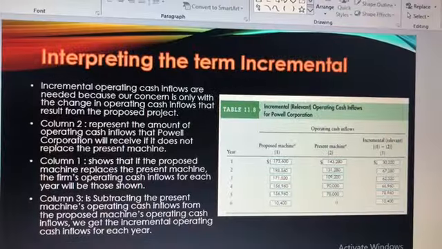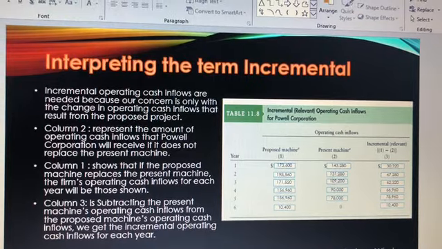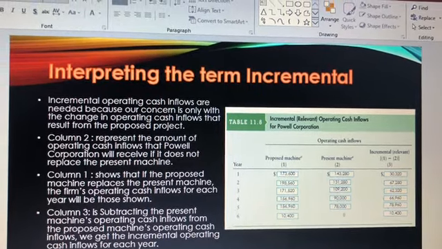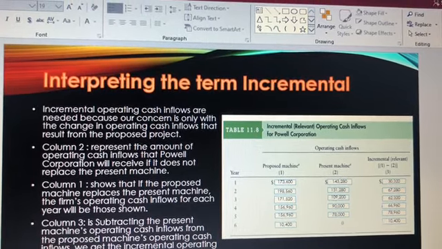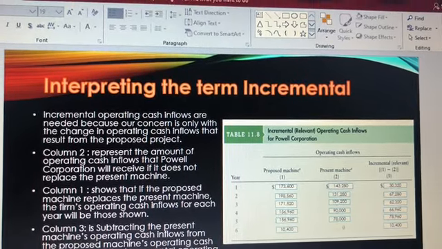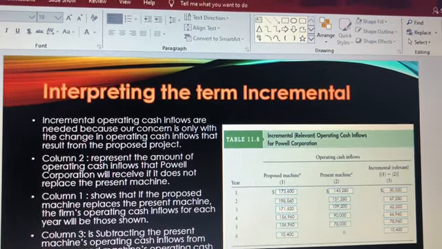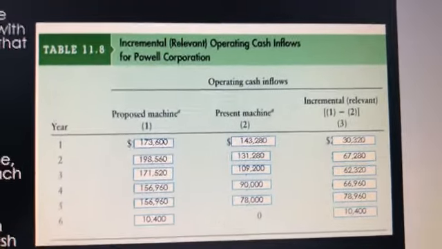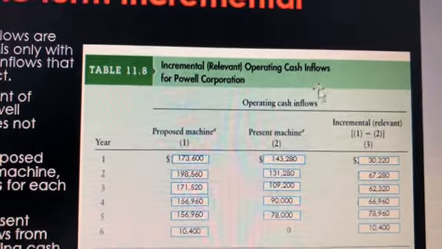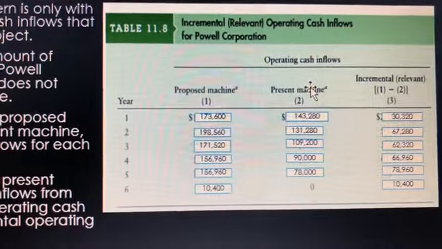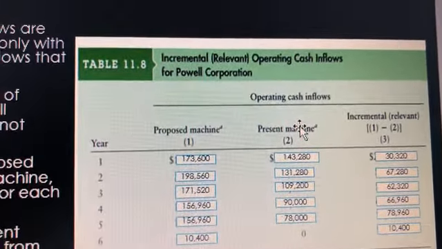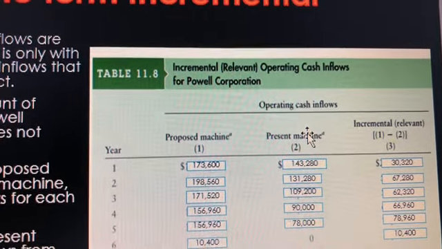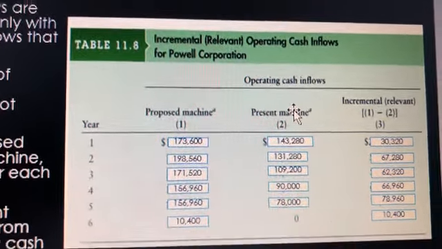Final step in estimating the operating cash inflows for a proposed replacement project is to calculate the incremental cash inflow. Incremental operating cash inflows are needed because it shows the change in the operating cash inflows that result from a proposed project. Therefore, here we can see that column 2 represents the amount of operating cash inflows that Powell Corporation will receive if it does not replace the present machine.